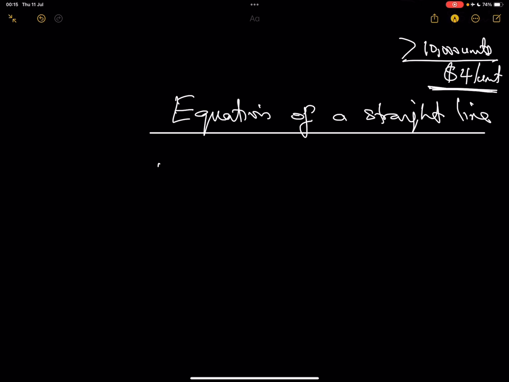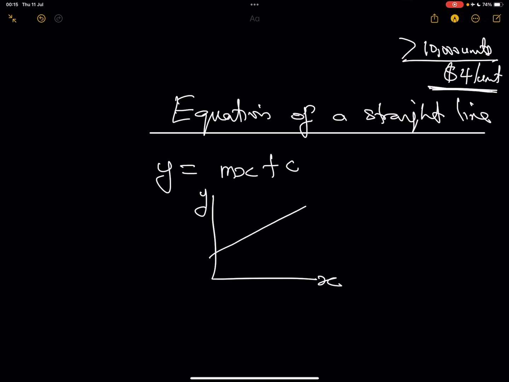Equation of a straight line is y equals mx plus c, which we were required to know back then in high school, right? What does y stand for? Y is the y-axis. So this is the y-axis, this is the x-axis, and you have c as the intercept. So you have a straight line graph like this. This is c.